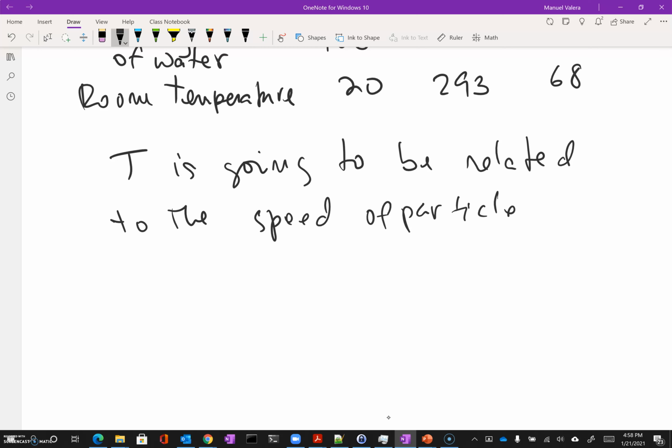And we are going to see later that more accurately, temperature is going to be proportional to the kinetic energy of each particle, which is 1/2. So that's how we're going to define temperature.